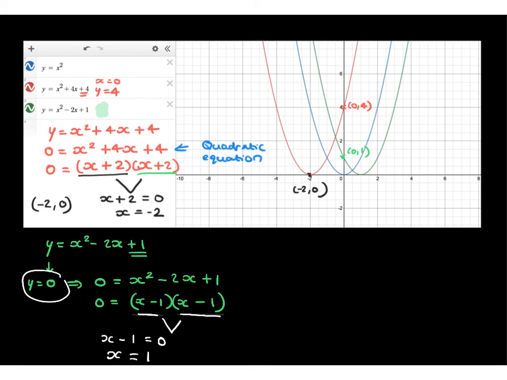So we now have a pair of coordinates, 1, 0, which tell us where the graph intersects the x-axis, and there it is. There's the point itself, 1, 0. And again, the green graph looks like the blue graph has literally been moved to the right by 1 unit, or a translation of 1 unit.